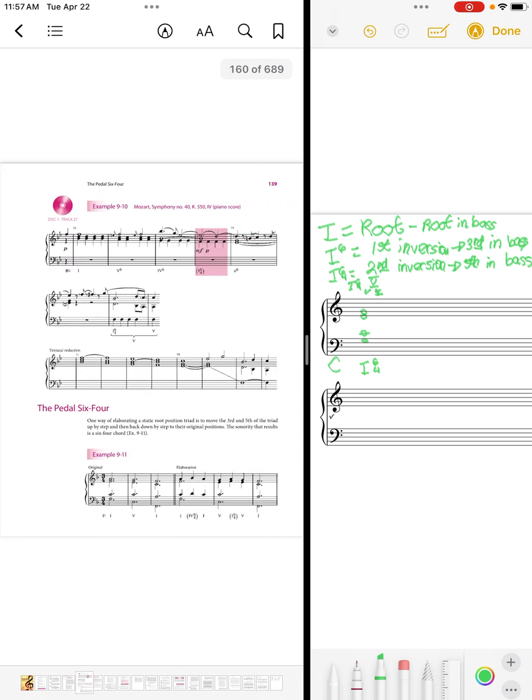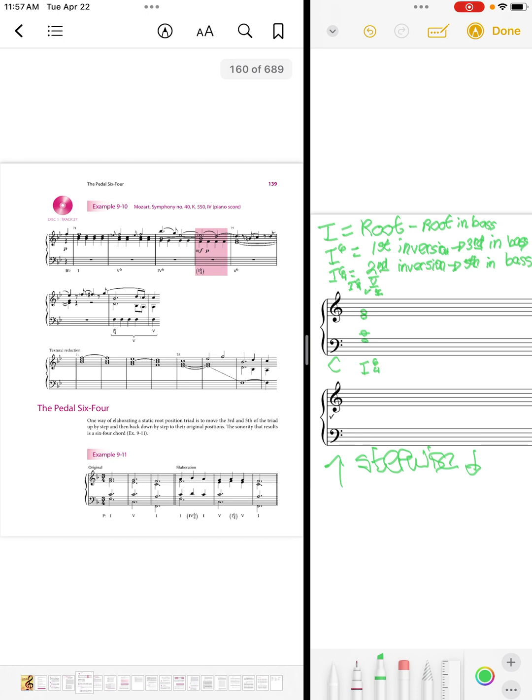Alright, pedal. That's the elaboration part, knowing the pedal. It goes up by step, and sometimes it could go down too, stepwise.